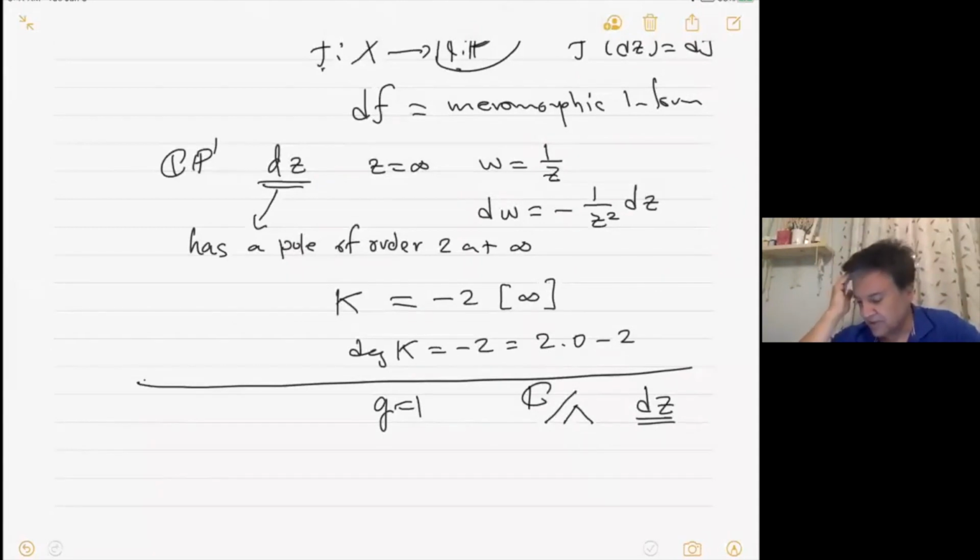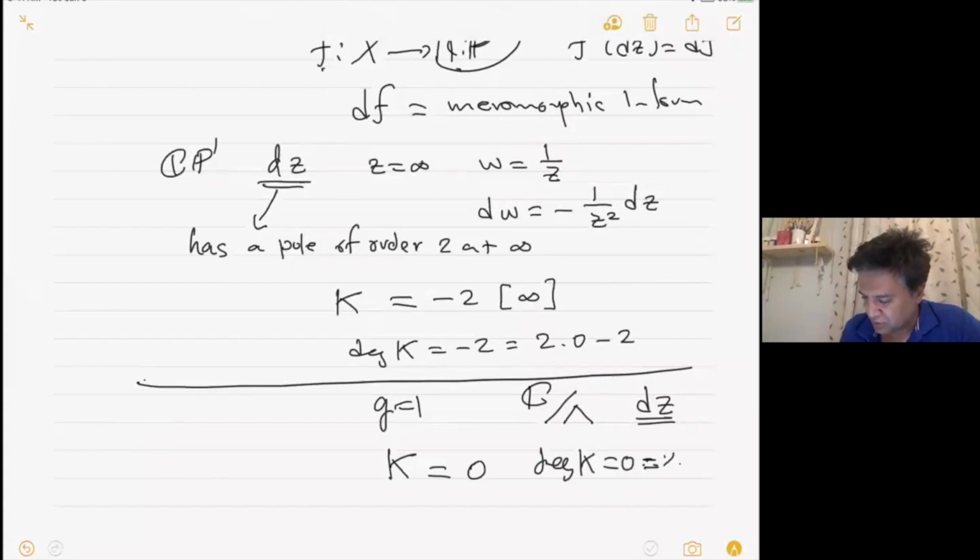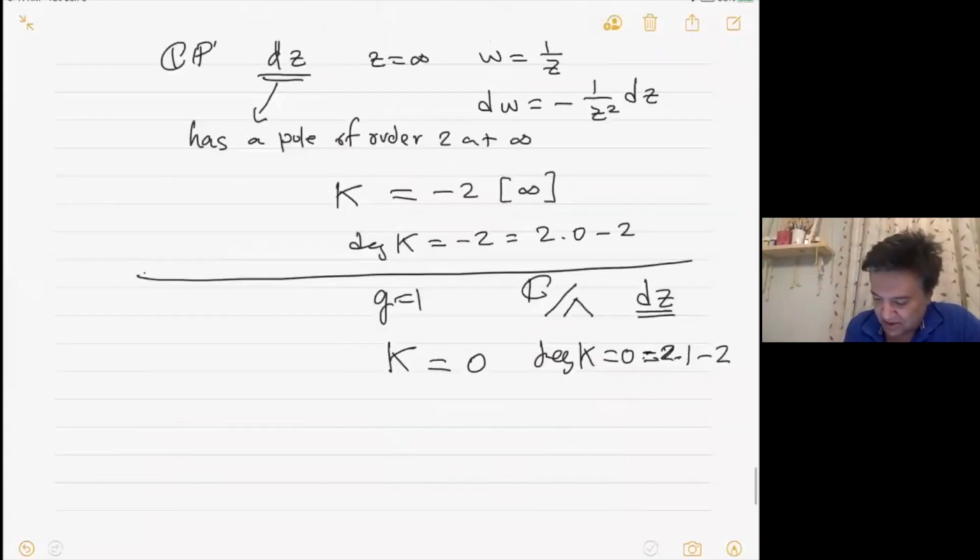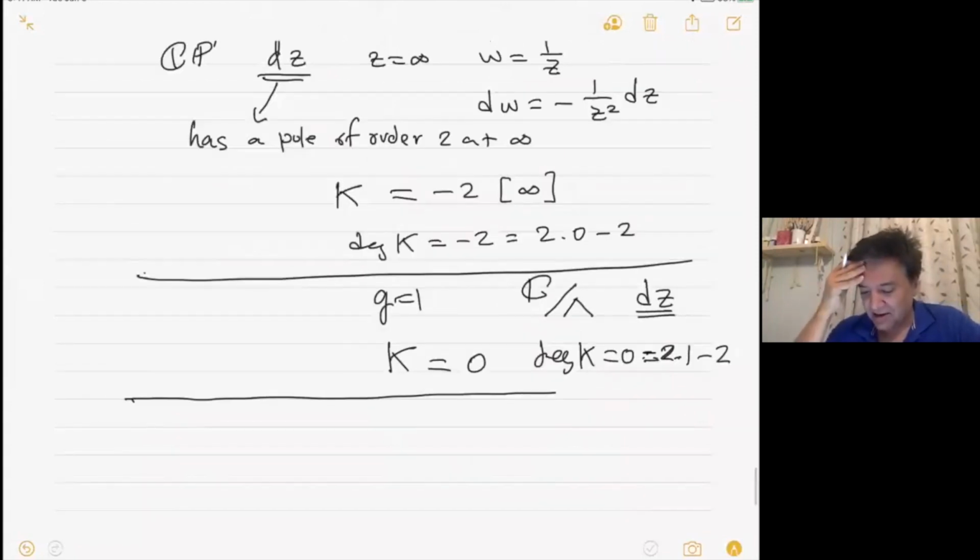So dz is a well-defined one form on this torus, is never zero and doesn't have any poles. And therefore the canonical divisor associated to this form is simply 0. The degree of this k is also 0, which is 2 times 1 minus 2, that is 2g minus 2. So everything works out so far. So that means that there is no contradiction. Okay.